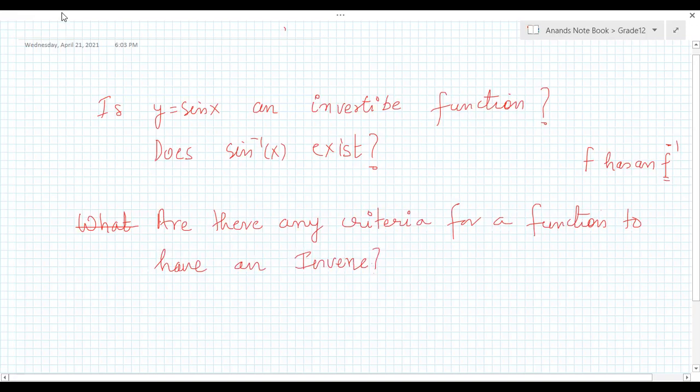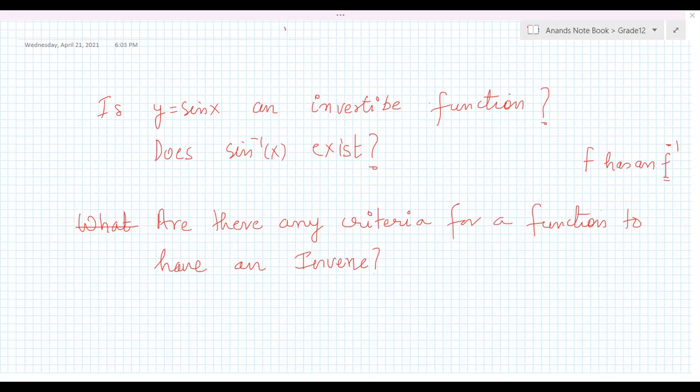Once again, I get a chat message. Maria, correct. If it is 1-to-1 and onto, okay. So we say that not all functions will have an inverse. For a function to have an inverse, it has to be a 1-to-1 function, and it also has to be an onto function.